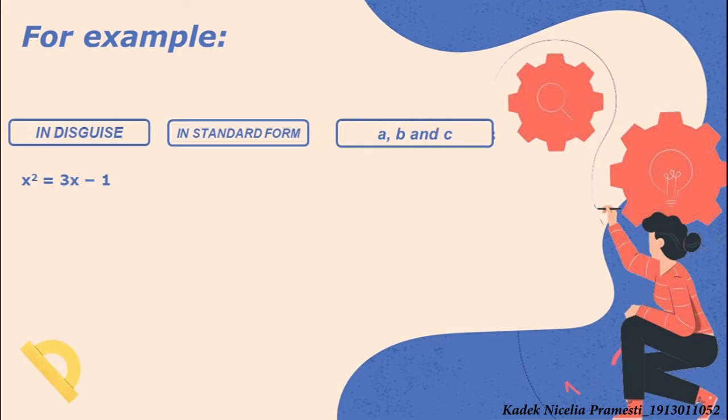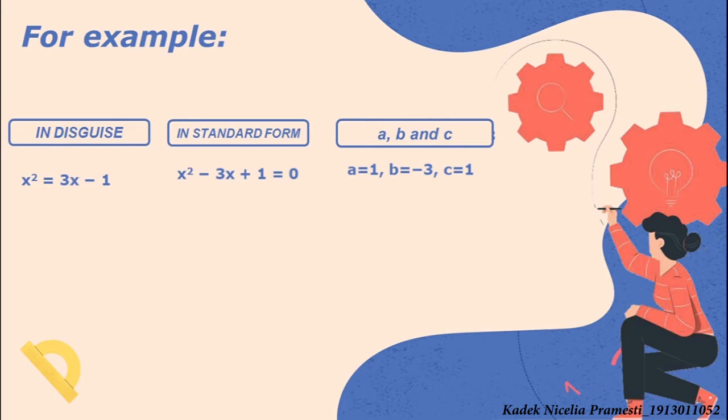Okay, we can move all terms to the left hand side. So we get x squared minus 3x plus 1 equals 0. And we get the a, b, and c: a equals 1, b equals minus 3, and c equals 1.